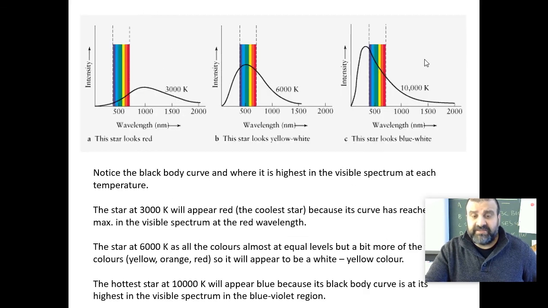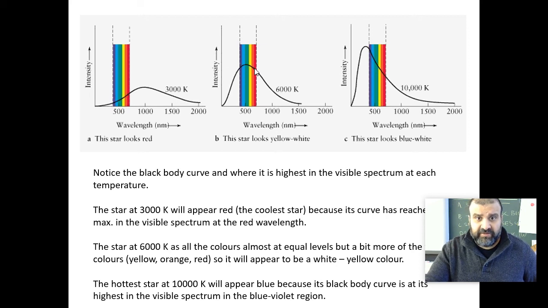Here we see three different black body curves as well. This star here, 3,000 degrees Kelvin, the peak is in infrared, so we can't see it. But the highest part in the visible spectrum is in red. We see more red than blues, so this would be a red looking star.